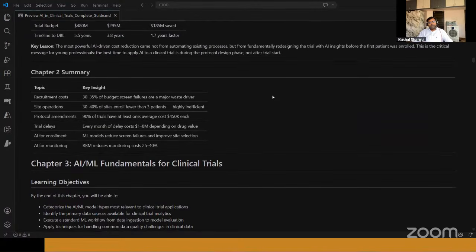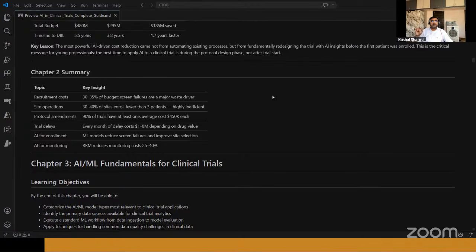So the chapter 2 summary says that recruitment costs 30 to 35% of the budget, and screen failures are a major waste driver. In site operations, 30 to 40% of sites enroll fewer than 3 patients, which is highly inefficient. Protocol amendments: 90% of trials have at least one, at an average cost of $450,000 each.